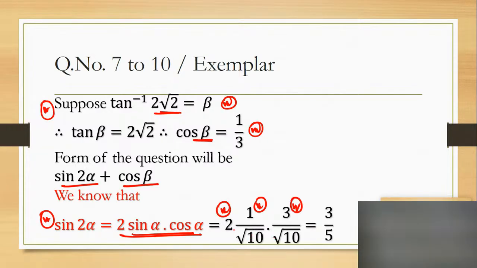So root 10 into root 10 equal to 10, and this one is cancelled out by 5, then we get here 3 by 5. So the value of this one is 3 by 5. Hope there is no problem to understand the solution of this question.